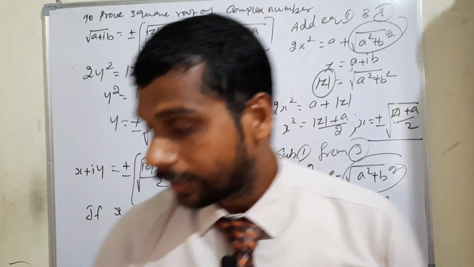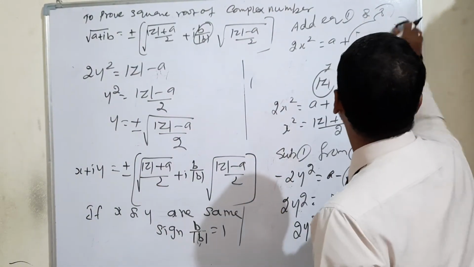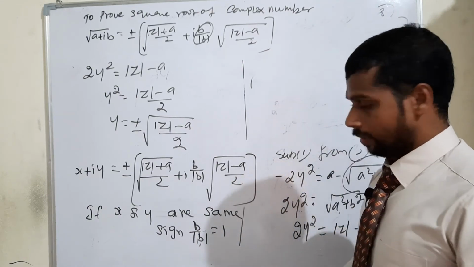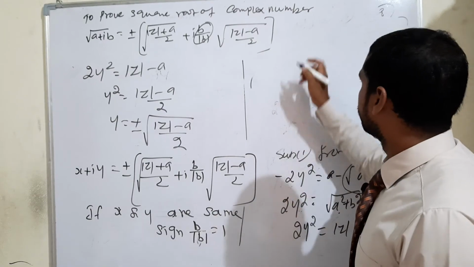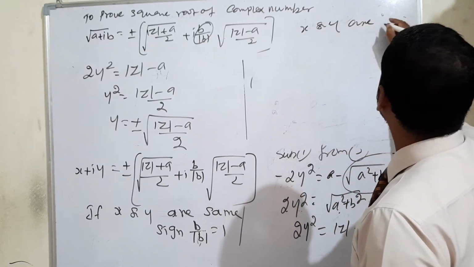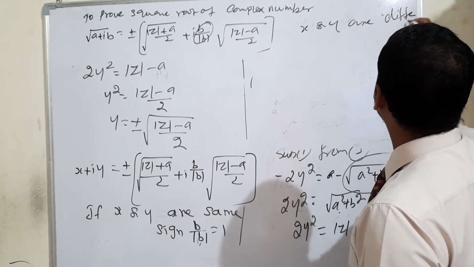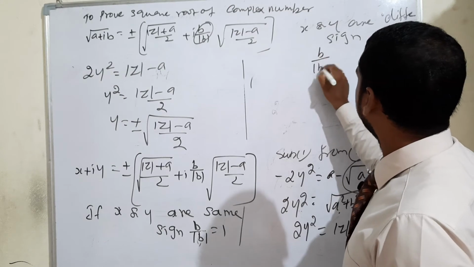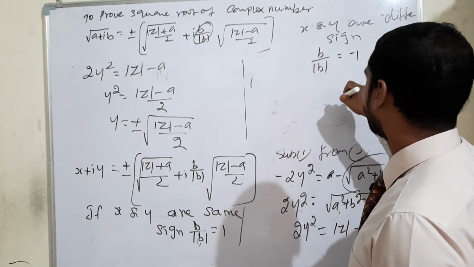Otherwise, in case x and y are of different sign, definitely b by modulus b is equal to negative 1 will come.